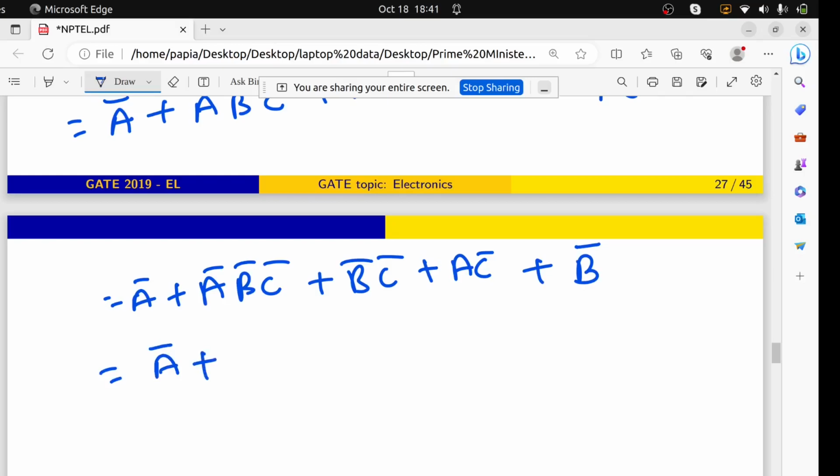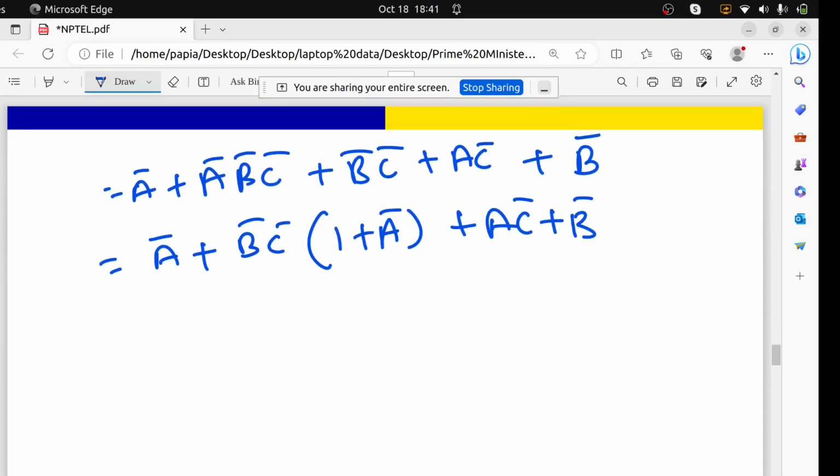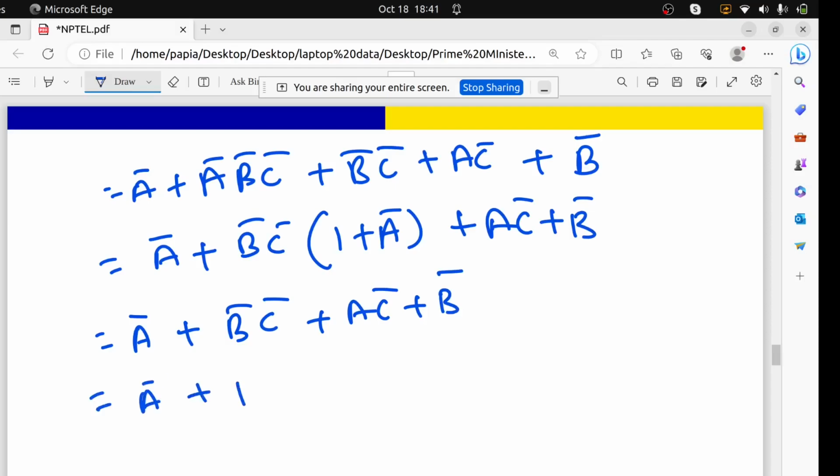Then A bar plus B bar C bar, 1 plus A bar with these two, A C bar plus B bar. Then what will be the answer? A bar plus B bar C bar plus A C bar plus B bar. Now you can see here A bar, B bar is there, C bar plus 1 plus A C bar.